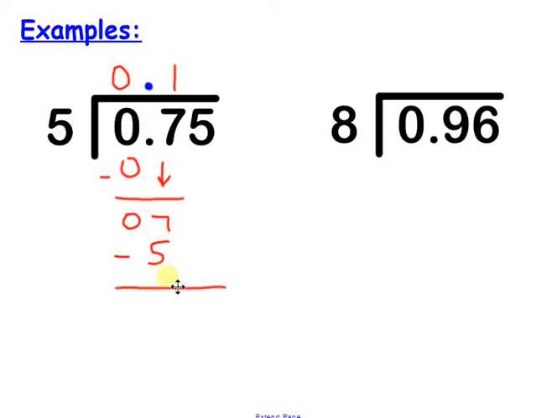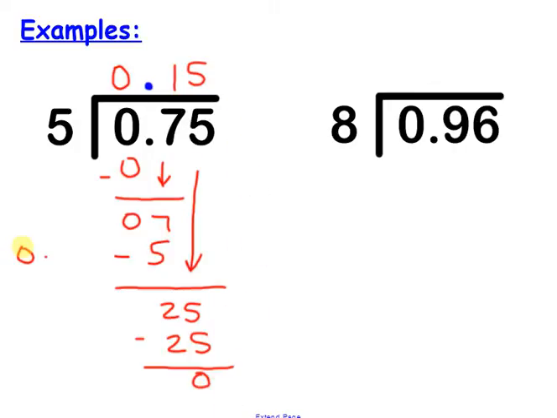Subtract. 7 minus 5 is 2. Bring down the 5. How many times does 5 go into 25? 5 times. 5 times 5 is 25. 25 minus 25 is 0. Nothing left to bring down. Your final answer is 0.15, or 0 and 15 hundredths. Good job.